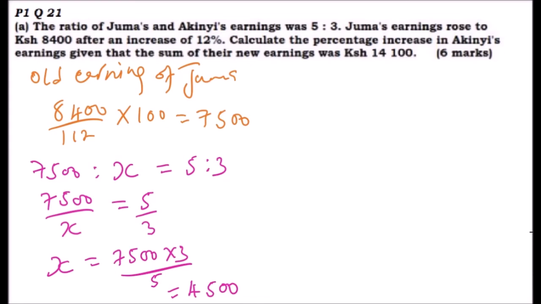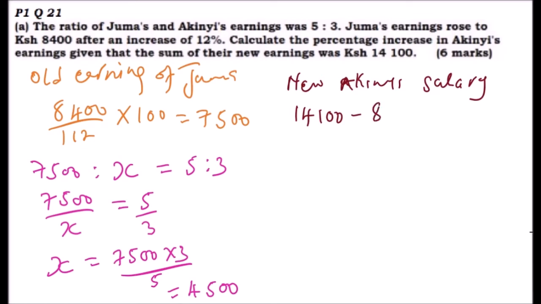So after they were added, the salary came to 14,100. So you can get the new Akinyi salary. It is the total of the new salary minus the salary of Juma, which is 8,400.